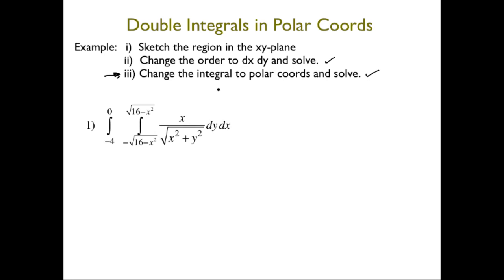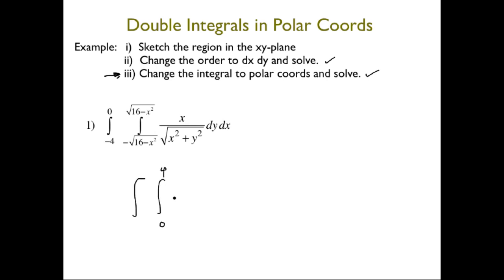X equals R cosine theta. So we got an R, we got an R cosine, and what's the denominator? Just R, right? So then you can do it. In polar, this particular function is a lot easier. And what do we get for the limits? R goes from 0 to 4.